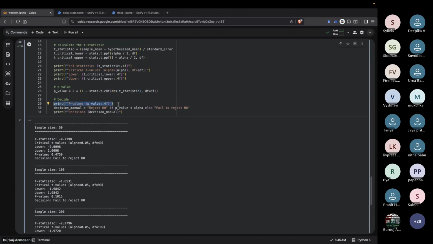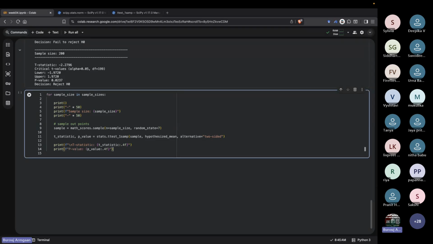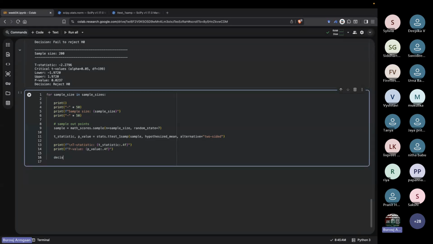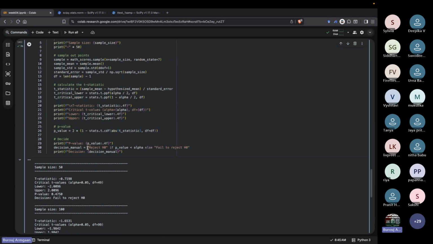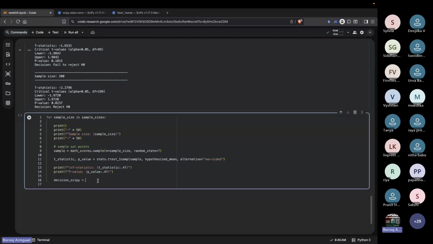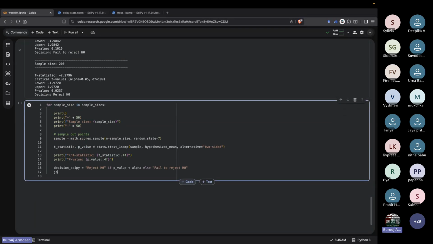Hmm. So we also print our p-value, and our decision is essentially the same thing that we wrote here. You reject if it's less than the alpha, otherwise you fail to reject, and then you print.